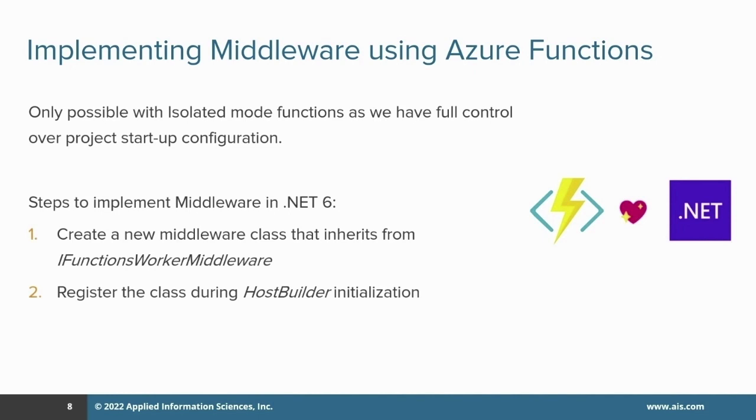And we can add our functionality in that custom middleware class. And once the functionality is in place, we can register the class during the host builder initialization in our program.cs file. Let's quickly switch over to Visual Studio and see how it works.